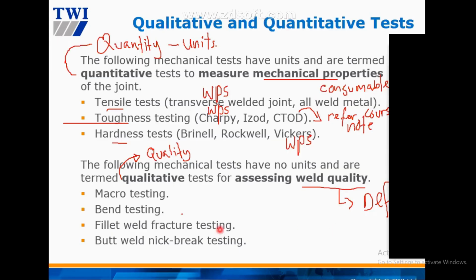Okay? So we have macro and bend. This is what is normally required in WPS and also in welder tests. Sometimes in the standard or specification, for WPS or WQT, they ask you to do macro or bend. Another two here are for WQT only, welder test.